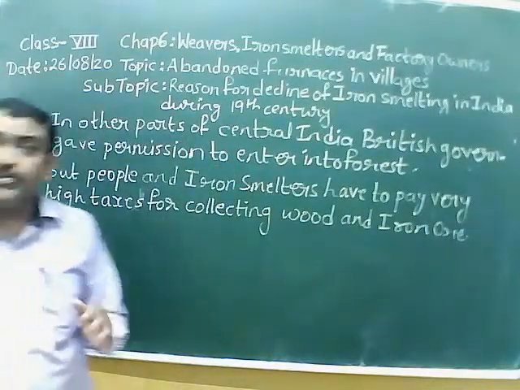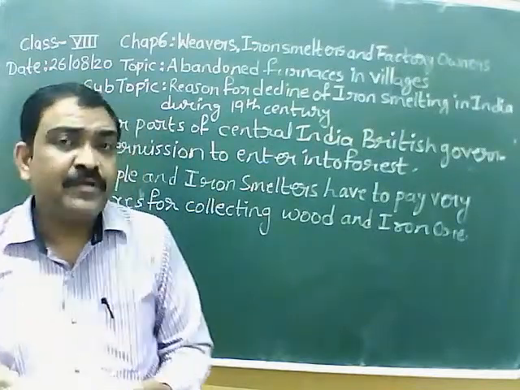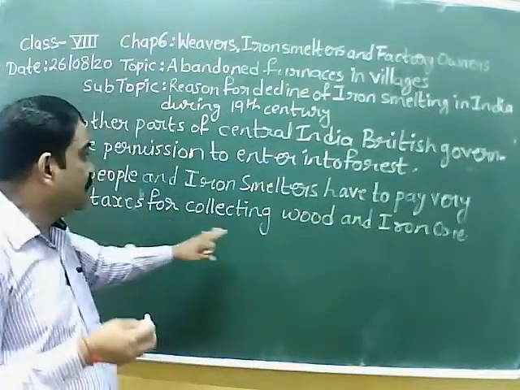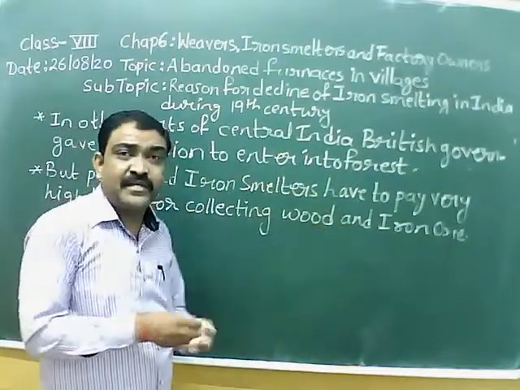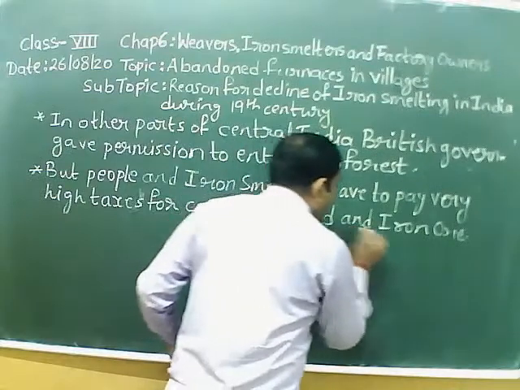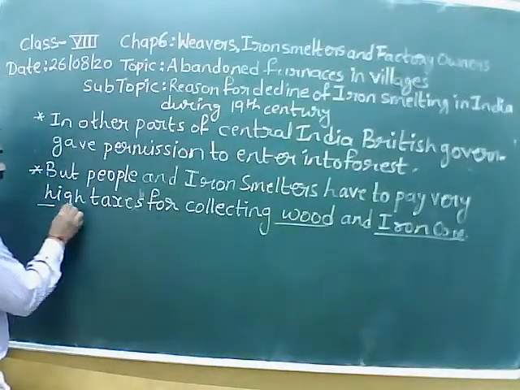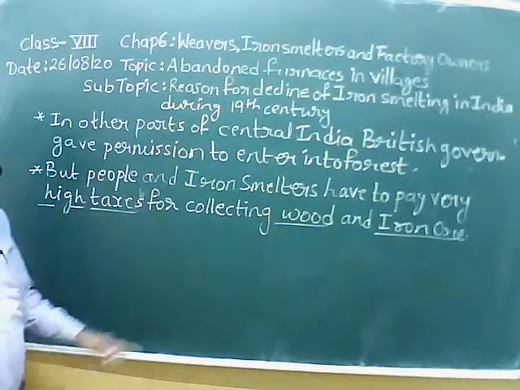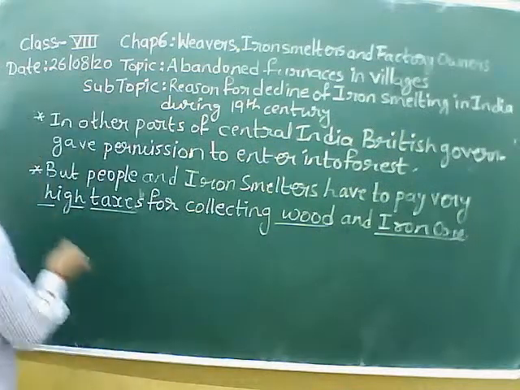ठीक है, जो लोग थे, the common people, those who required only the wood, and the iron smelter which required the wood as well as iron ore. Okay, so these people have to pay very high taxes for collecting wood and iron ore.